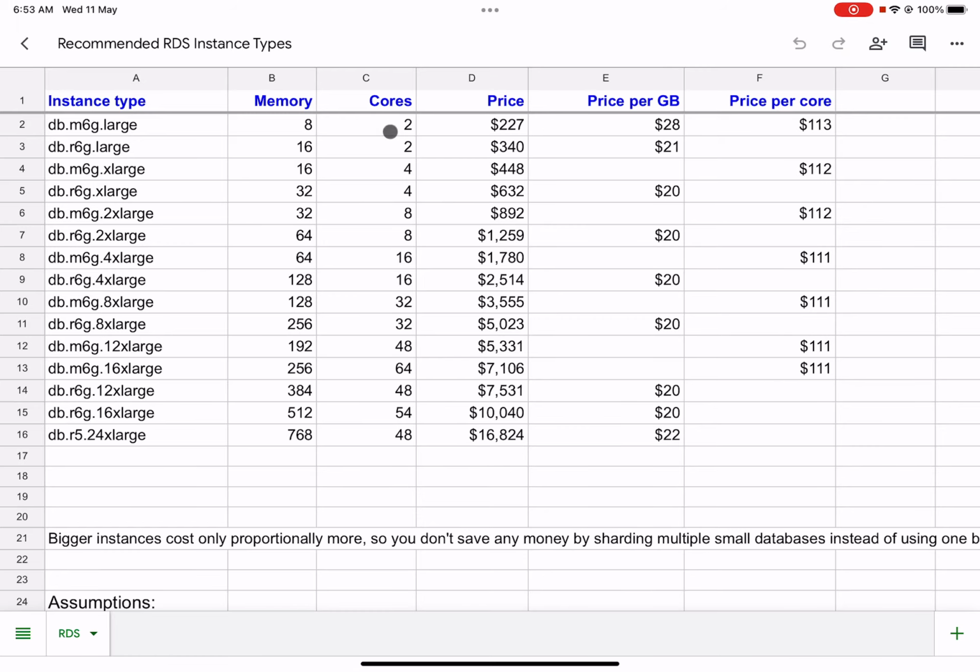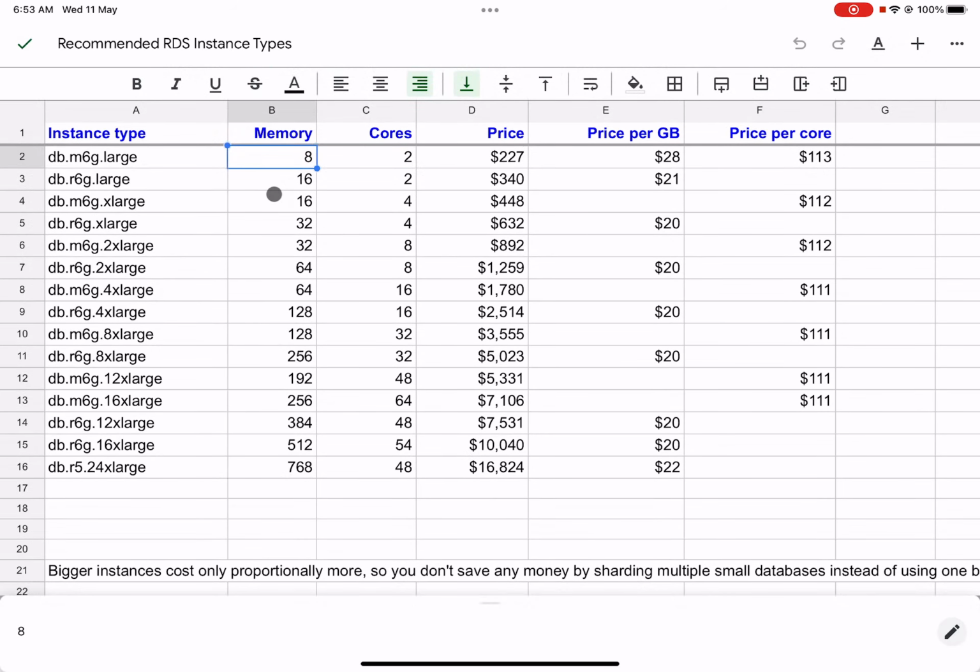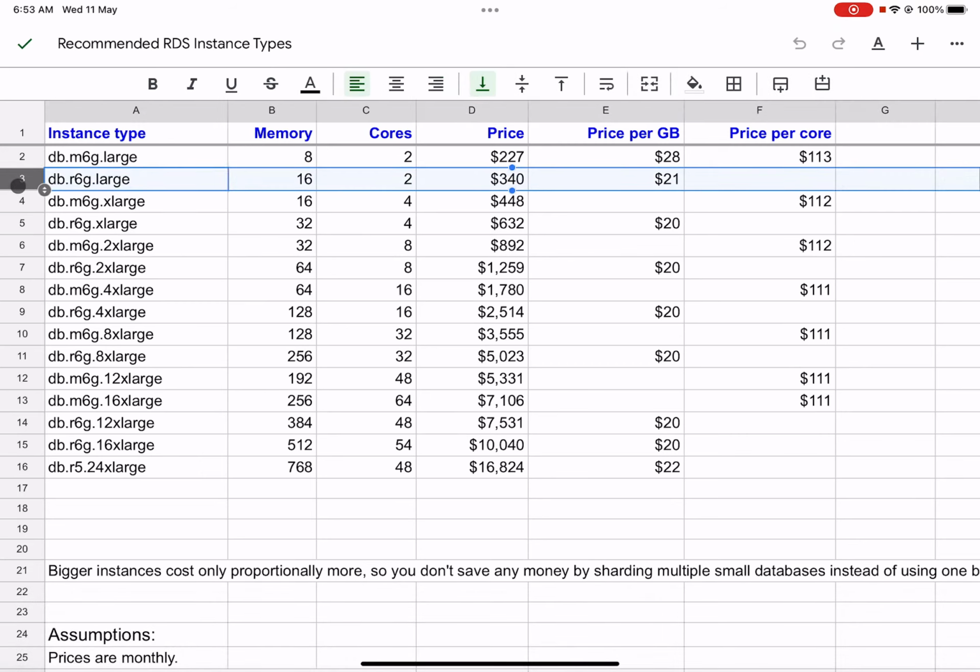So if you're using 2 cores and 8 GB and that's not enough, you have to upgrade to 16. The thing to keep in mind is don't blindly upgrade. Find out which one is the limiting factor, memory or cores, and increase that. So if you're using this instance type, 16 GB and 2 cores, and it's not enough for you, don't blindly upgrade to the next one.